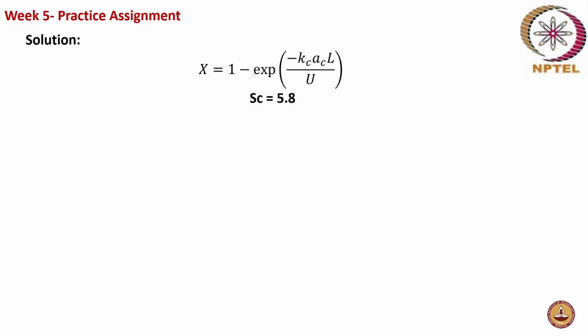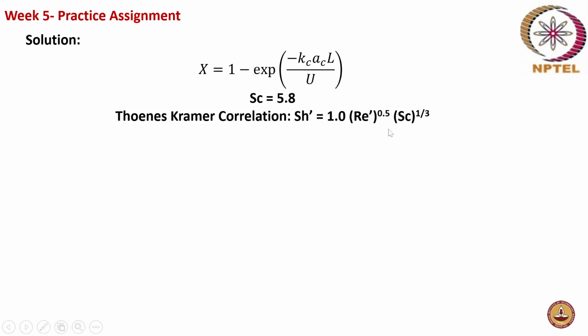Now, what is the Thiernes-Kramer correlation? The Thiernes-Kramer correlation is: modified Sherwood number is equal to 1 into modified Reynolds number power 0.5 into Schmidt number power 1/3. So there is no change with respect to the Schmidt number.